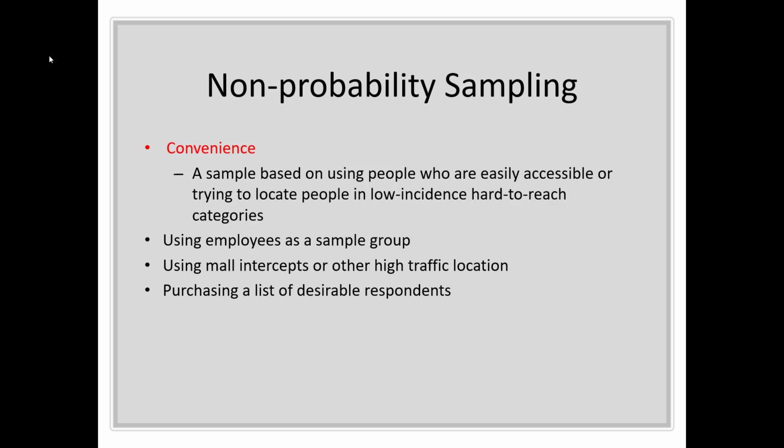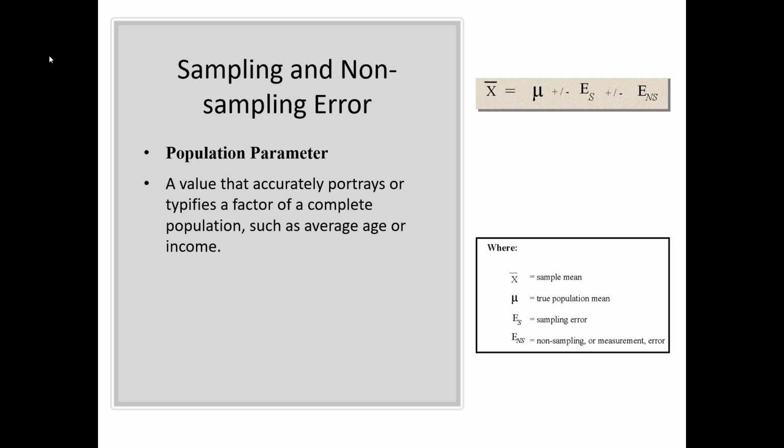For example, we use employees as a sample group, or at the university we often use students. Or sometimes we get respondents through mall intercepts at high traffic locations. So convenience sample is by far the most popular one.